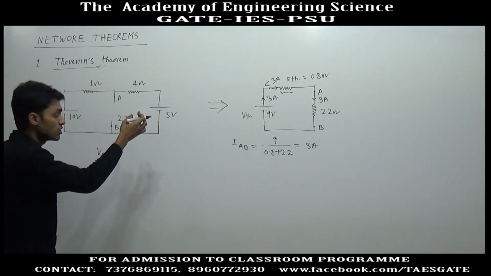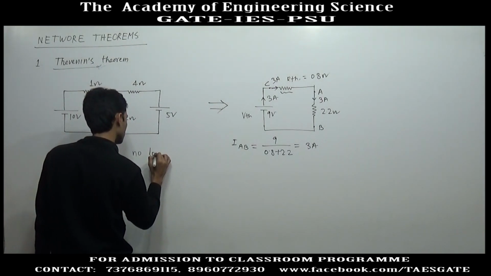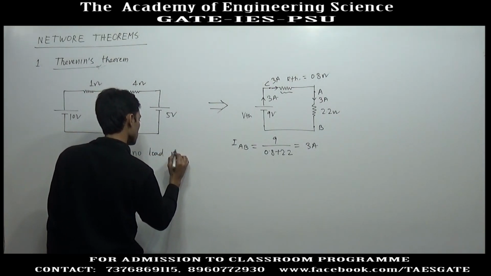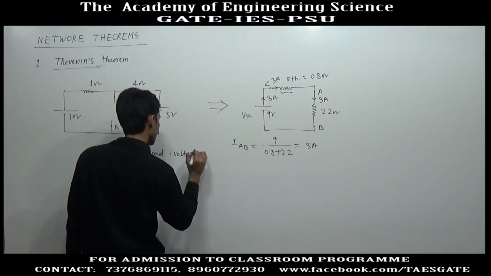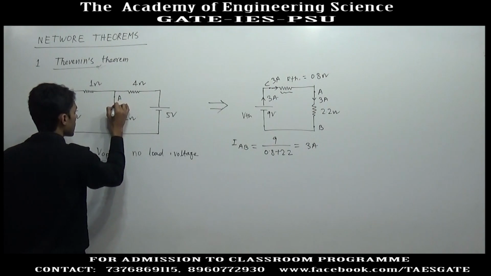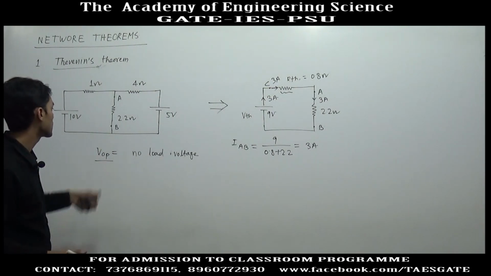And if it is no load, we will say this is the no load voltage. But you are asked to find out the voltage across the 2.2 ohm resistance when it is physically connected.